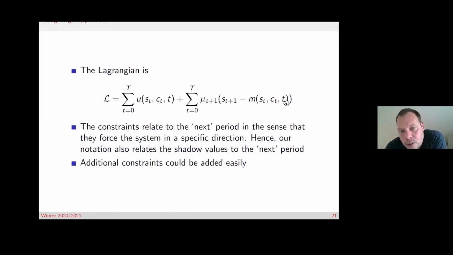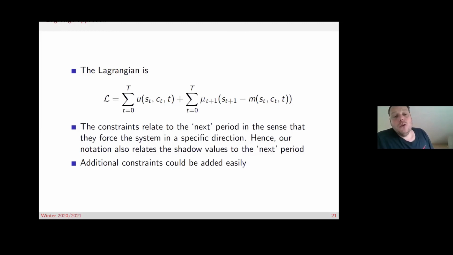If you do not stick to your law of motion, if this were not binding, then this shadow value must be zero. Once the law of motion is binding, you can attach a shadow value, and what this shadow value means we'll see on Thursday. You can attach a shadow value to this restriction, and this tells you how you would value a situation where you are not restricted to this law of motion.